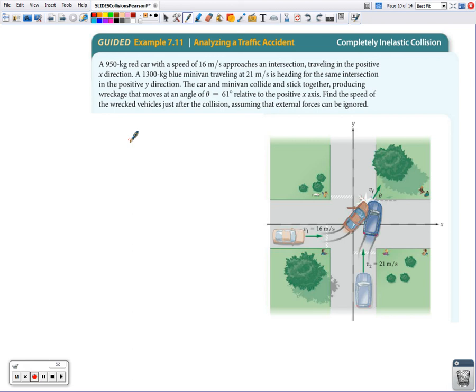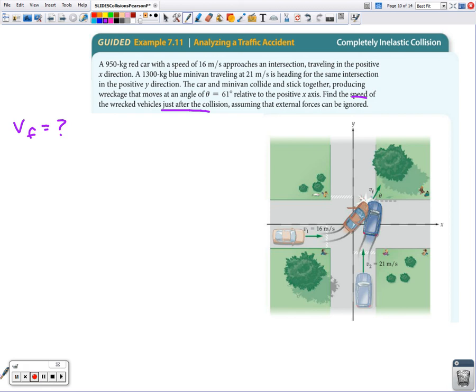Okay? So, same thing as before, right? If we're looking for the speed of the wrecked vehicles just after the collision, it's asking us to solve for v final, right?